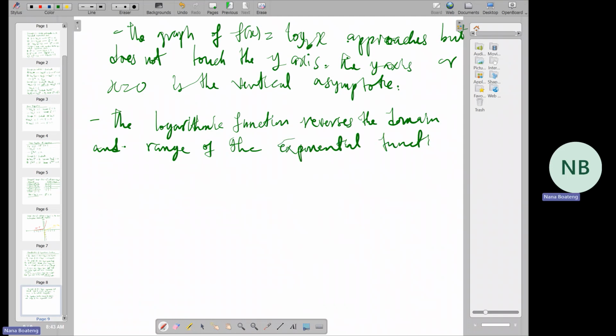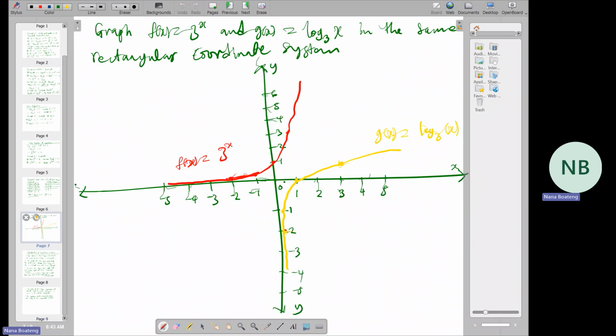So we found this when we drew the graph of f of x and g of x, that the domain of the logarithmic function becomes the range of the exponential function, and the range of the exponential function becomes the domain of the logarithmic function. So they both reverse each other.